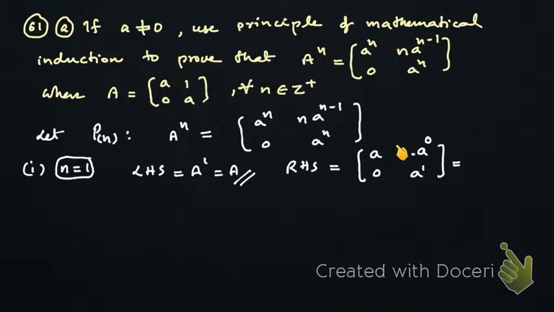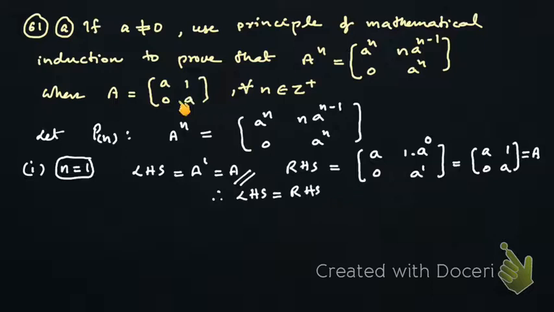So look at what we have got there. I just replaced n everywhere by 1, and this is what I have. Now a raised to 0 is 1, so 1 into 1 is 1. I get [[a, 1], [0, a]]. And if you go back and read the question, [[a, 1], [0, a]] is your A. So my left hand side got simplified to A. The right hand side also got simplified to A. So LHS equal to RHS.